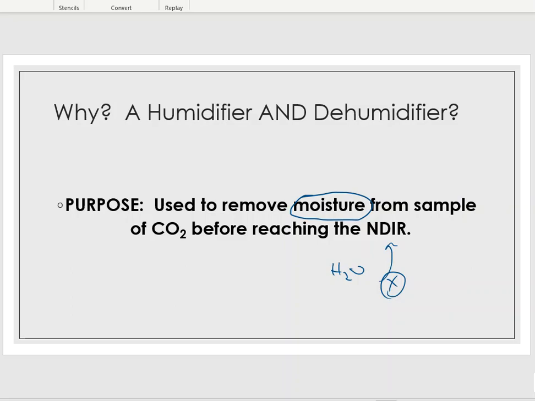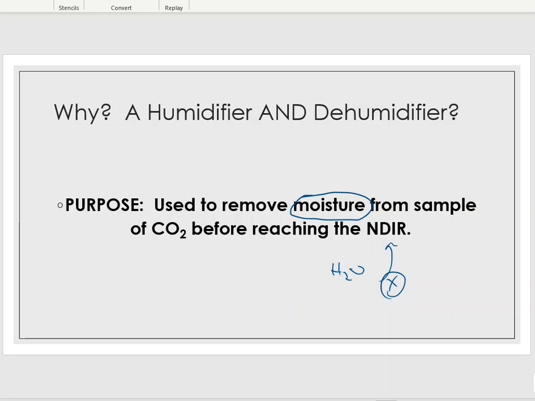And now all of a sudden, my improper dehumidifier that's costing $2,000 will now somewhat destroy my NDIR detector. That's another $2,000. So that could be a $4,000 repair bill on my hands if I'm not careful.